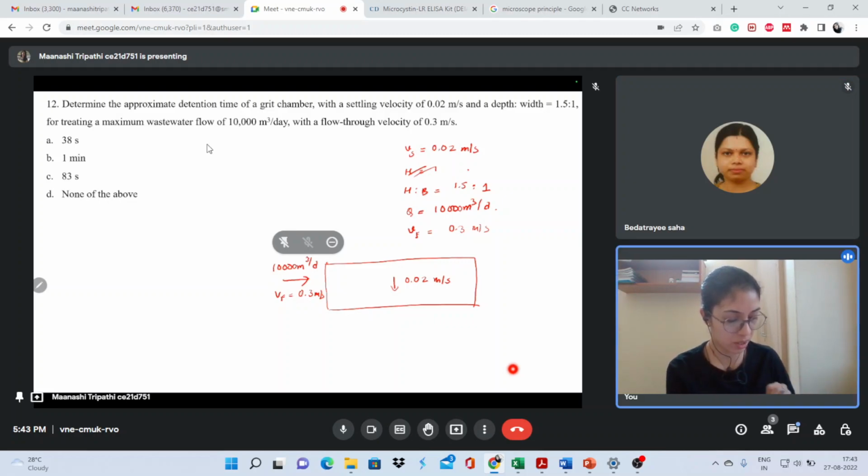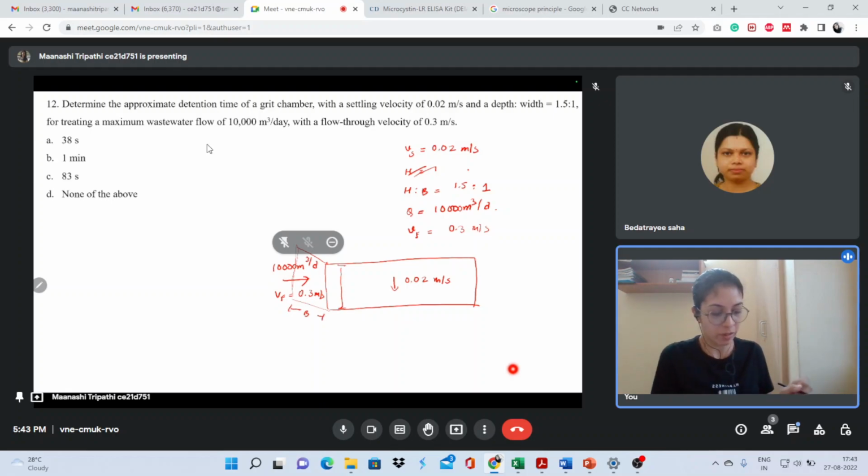Velocity of flow is 0.3 meter per second. Settling velocity is 0.02 meter per second. And we know the ratio of height and width, so we know something about this side. This is height and this is width.